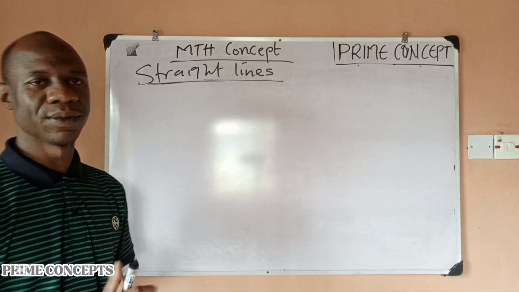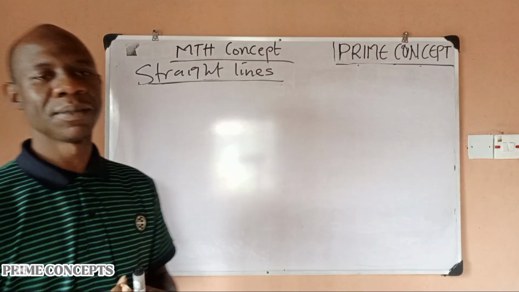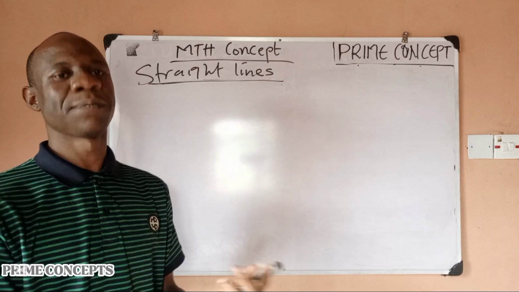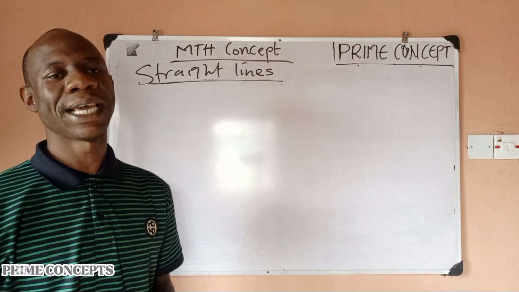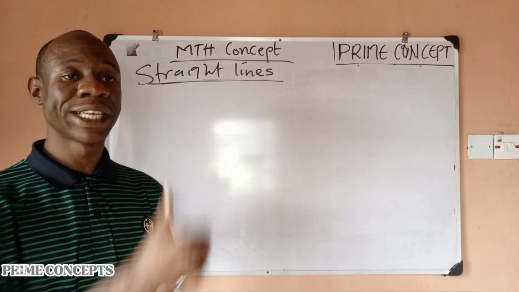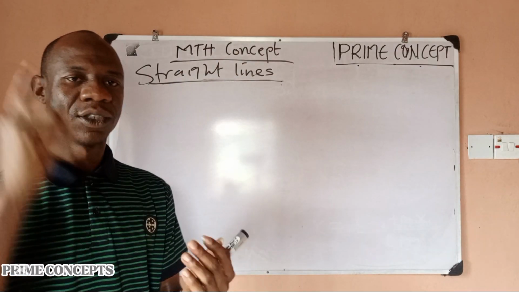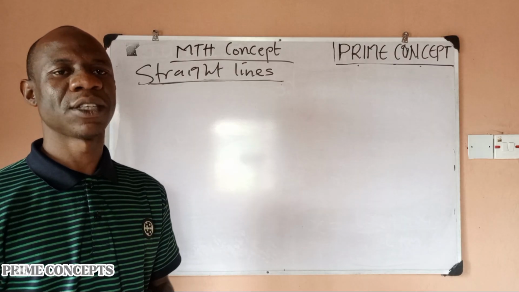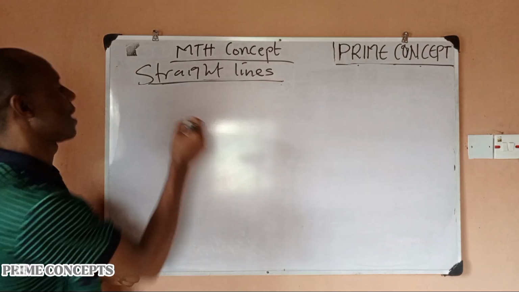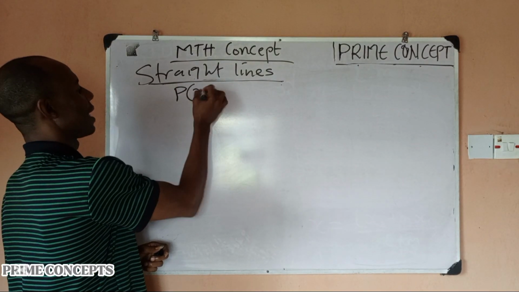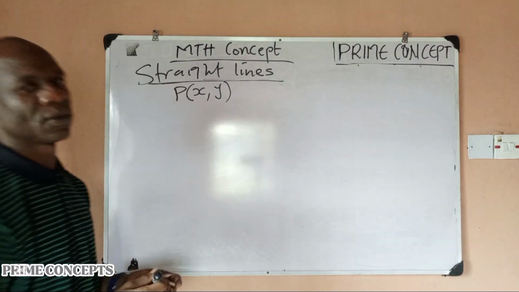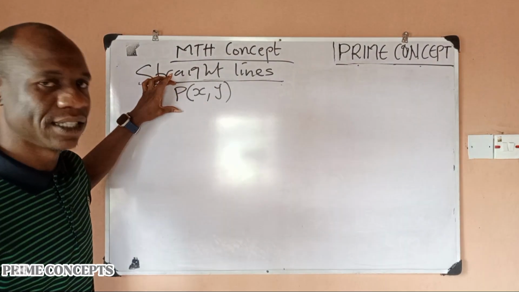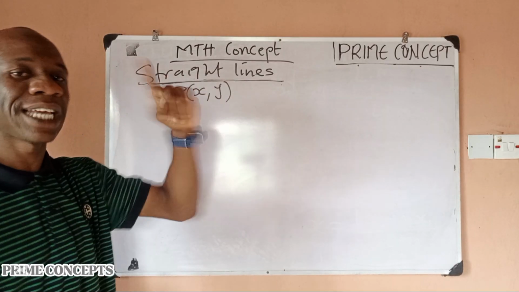To remind you, the Cartesian coordinate system is a system that locates points in space using your x and your what? Your y axis. That is what we refer to as the Cartesian system. So if I put P and I say (x, y) is a point, it means that this point is denoted in Cartesian coordinates.